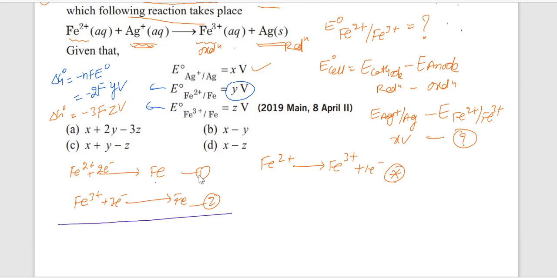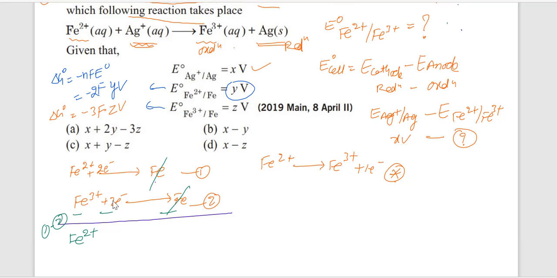Now if I do equation 1 minus 2, I will get the same equation. Fe2 plus, see, minus minus, these two get cancelled. Here minus 1 electron, then minus Fe3 plus equal to 0.